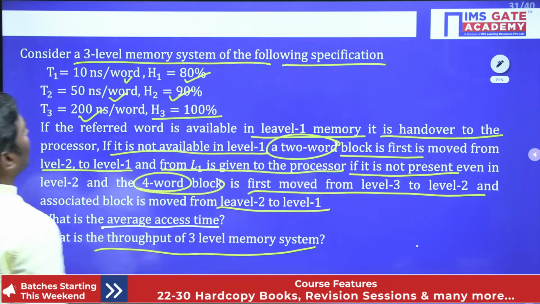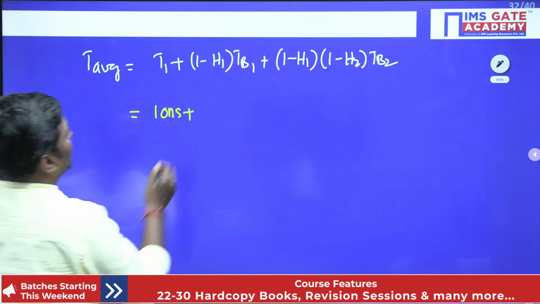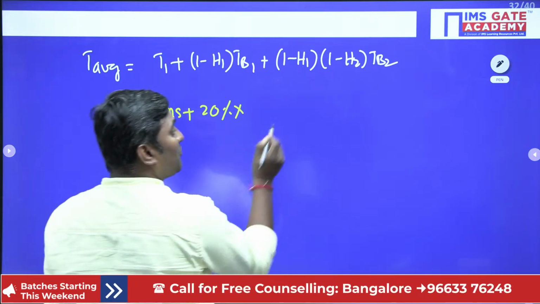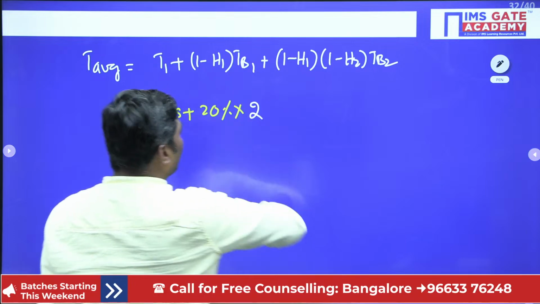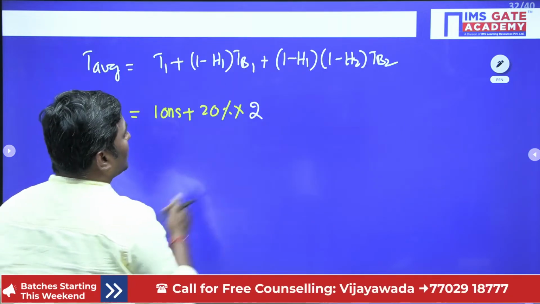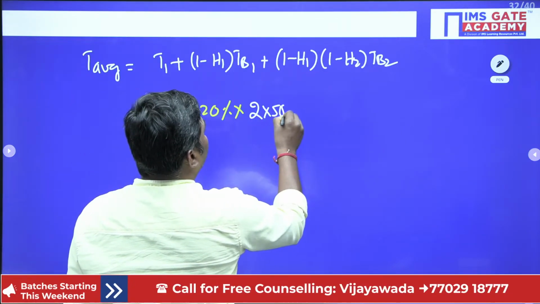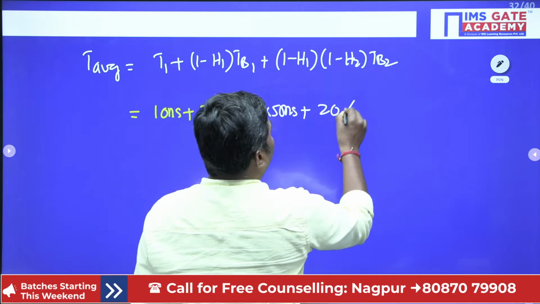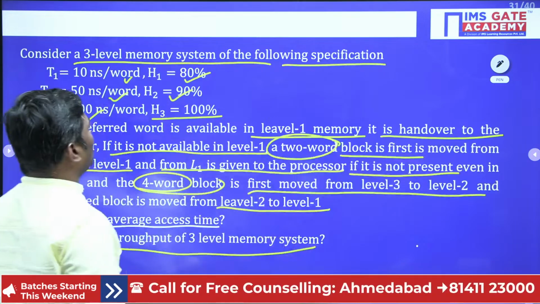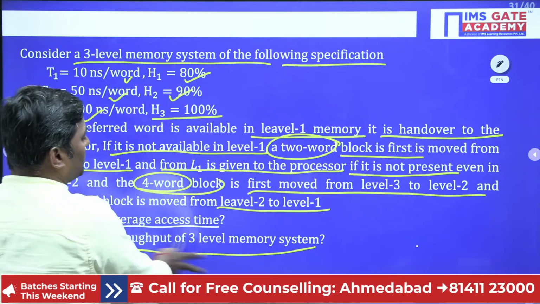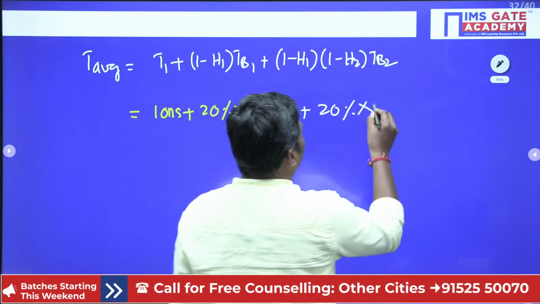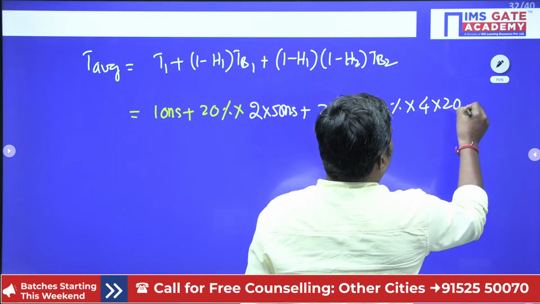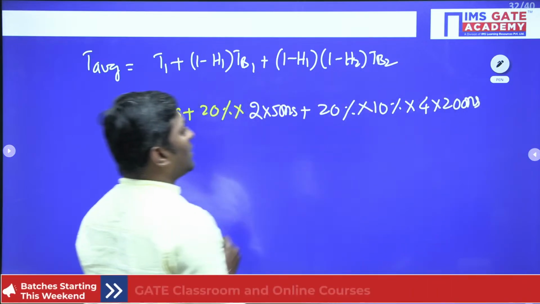Plus H1 is 80%, which means the miss rate is 20%. T2 access time is 50 nanoseconds. So block 1 means how many words are moving there? A 2-word block, so 2 times 50. Plus 1 minus H1 is 20%, into 1 minus H2. What is H2? 90%, so the miss rate is 10%. So 10% into 4 times 200 nanoseconds, because a 4-word block is being transferred.